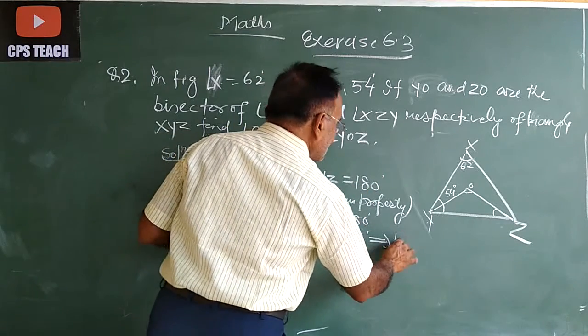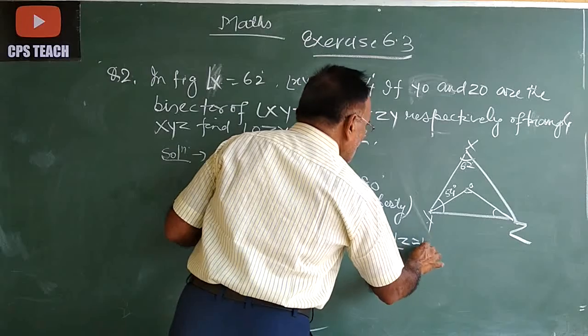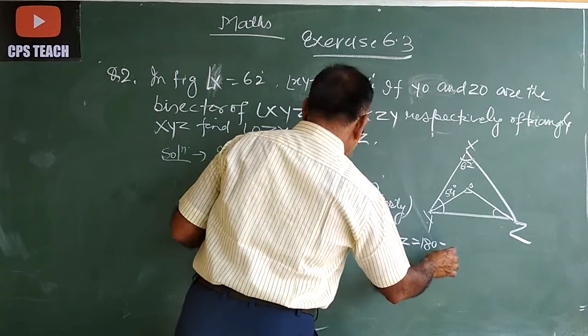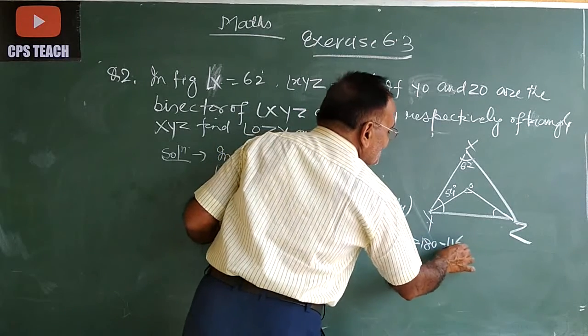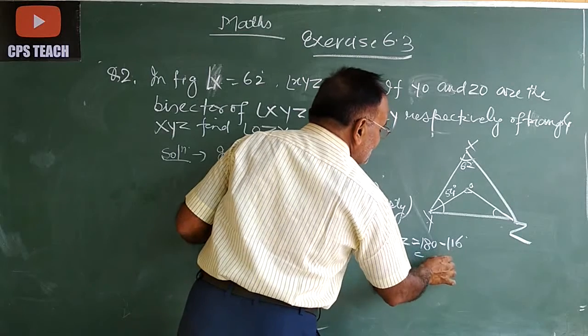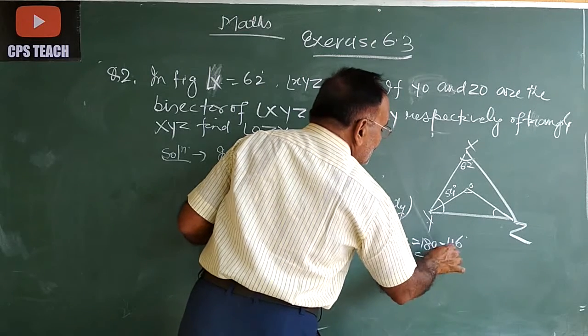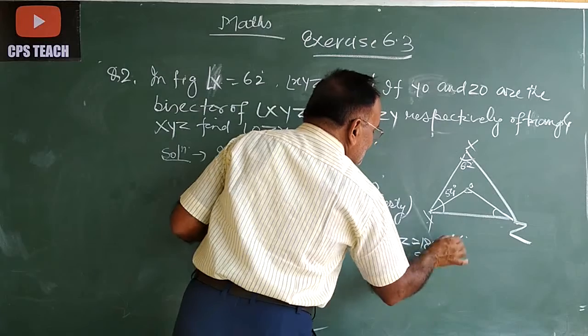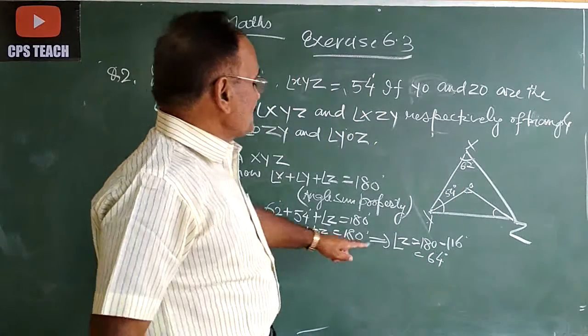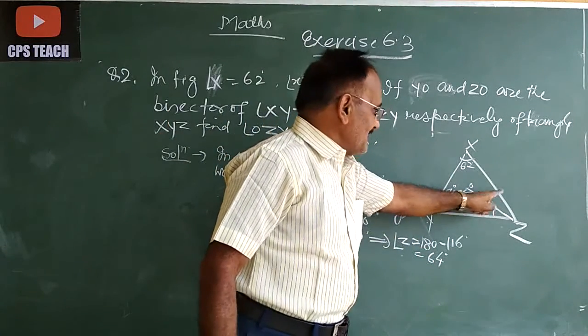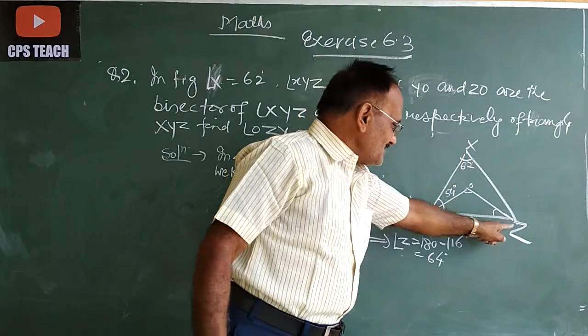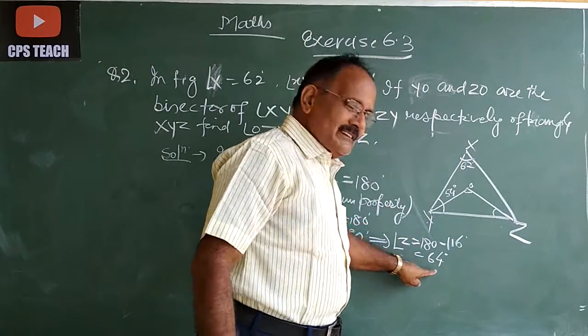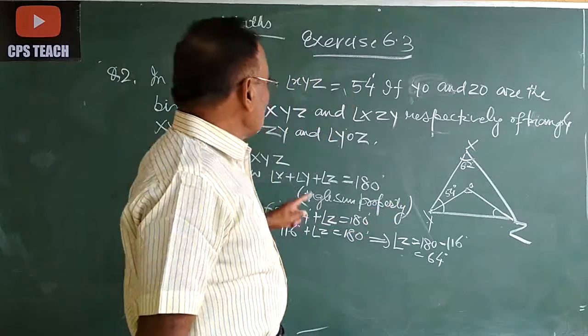This implies angle Z is equal to 180 minus 116 degree, that is 64 degree. This angle Z, it means angle XZY is equal to 64 degree.